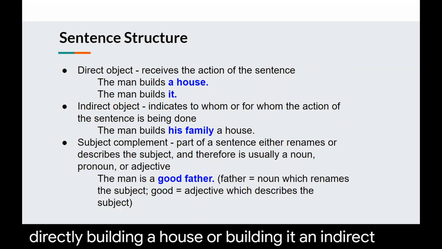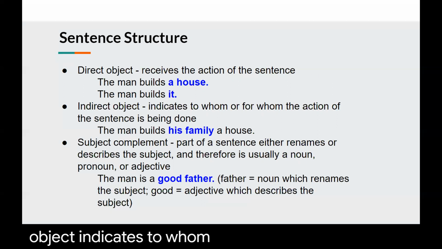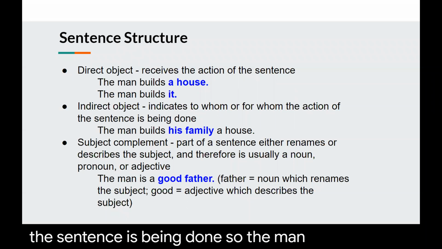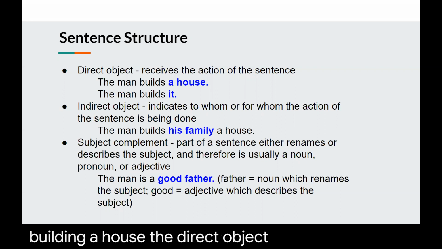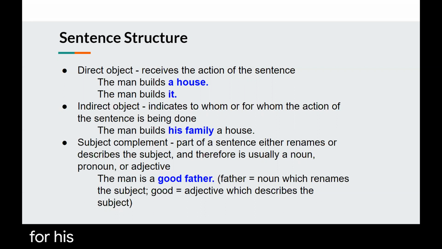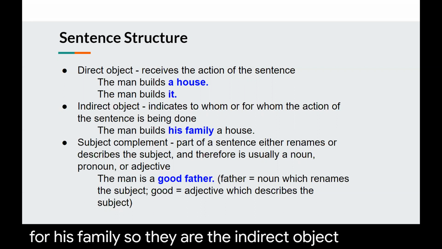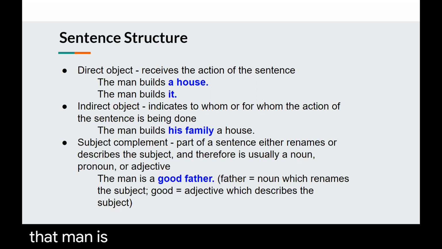An indirect object indicates to whom or for whom the action of the sentence is being done. So the man builds his family a house. The man is not building his family, he's building a house, the direct object, but he does that for his family. So they are the indirect object for whom the man is building.